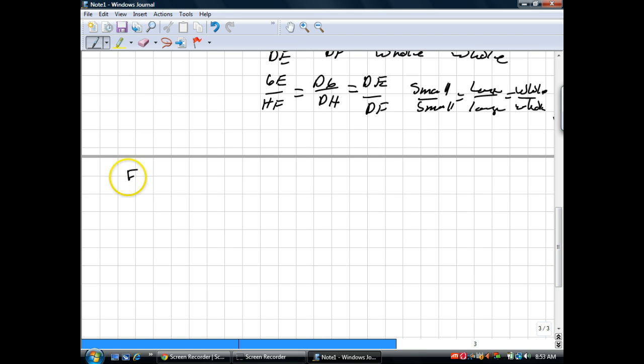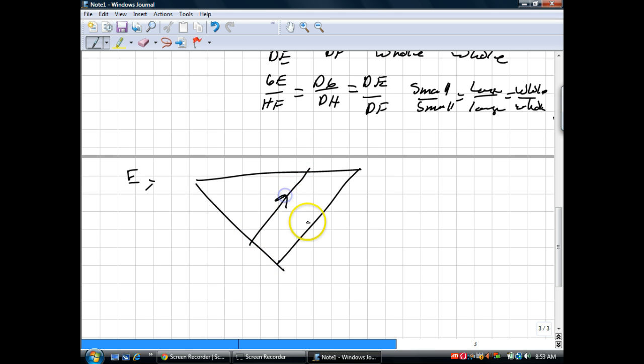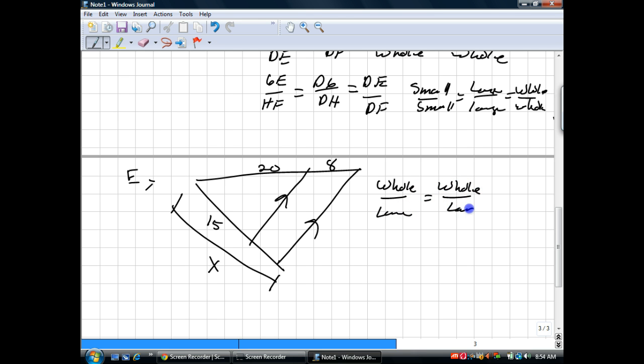So, example. Let's say I have this triangle, and this is parallel to this, and I know that this is 15, this whole side is x, this is 20, and this is 8. Now there's many different proportions that we could set up, but one of them is whole is to large as whole is to large.